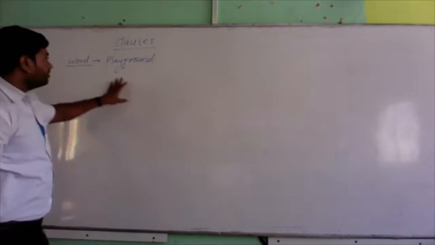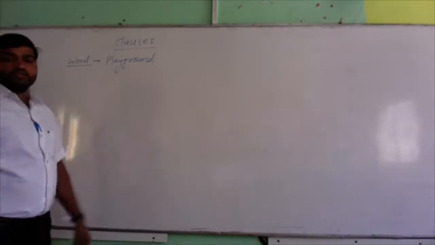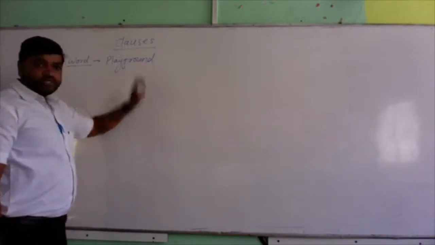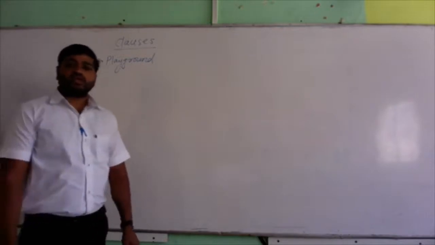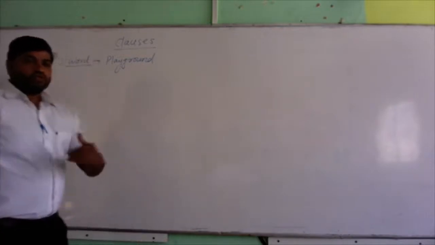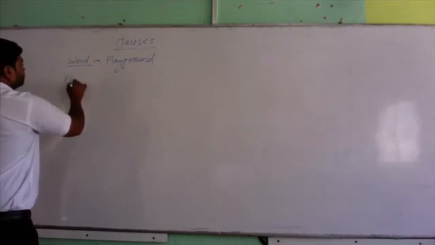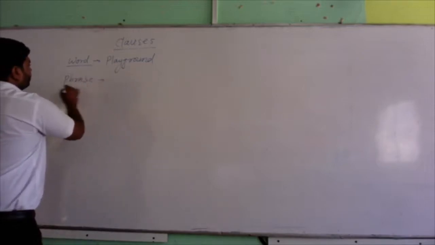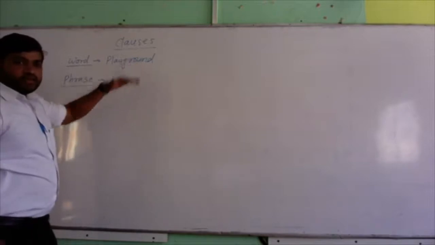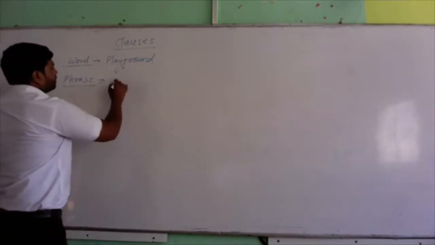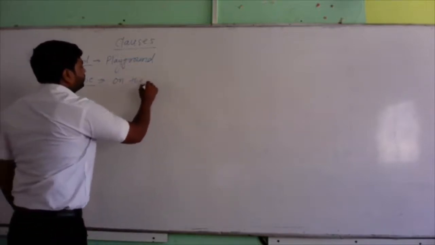It is a word. It's a group of letters having one particular meaning. So we can call it a word. Okay. So the next step after word is phrase. This word can be converted into a phrase, such as on the playground.